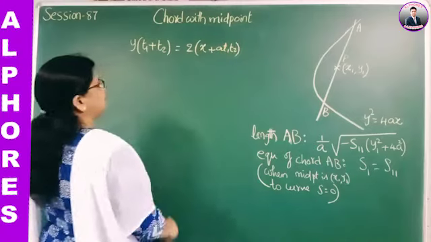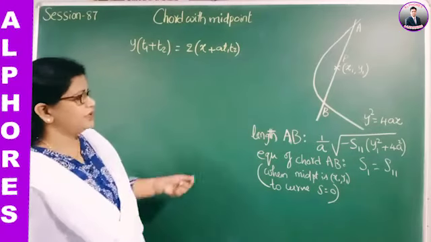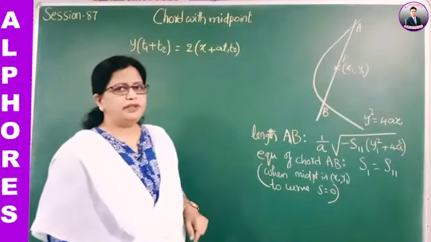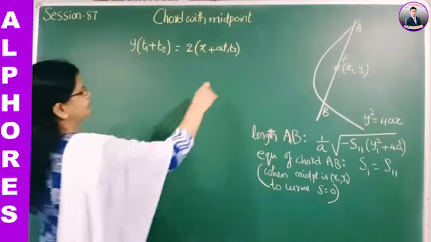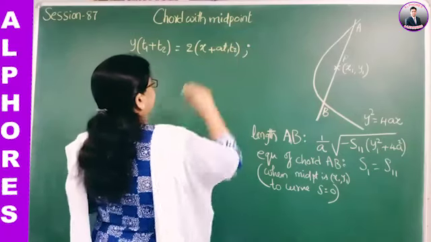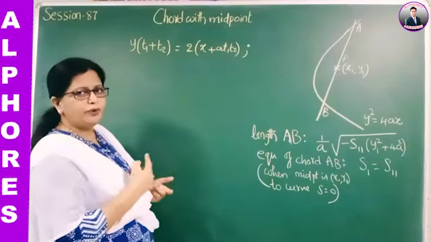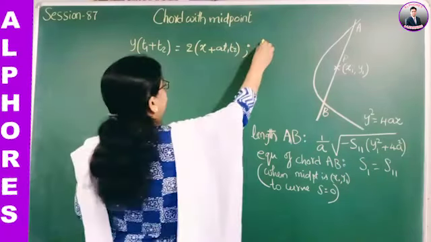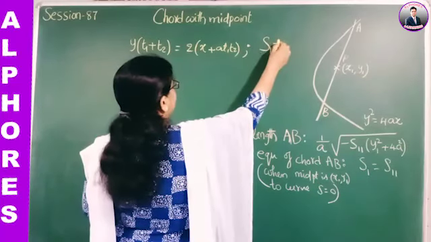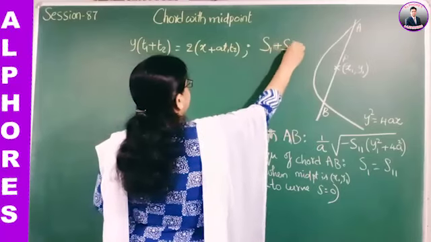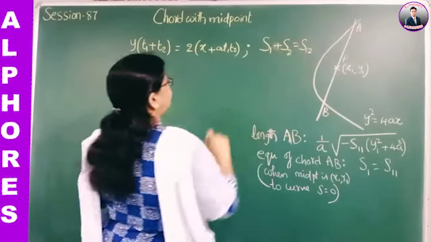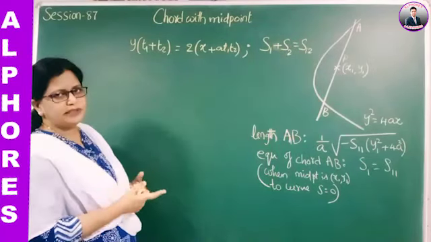We derived this when the parabola is given in parametric form. Otherwise, what is our standard form for any curve, that is any conic? It is S1 plus S2 equal to S12. So this is the equation of the chord when end points are given.